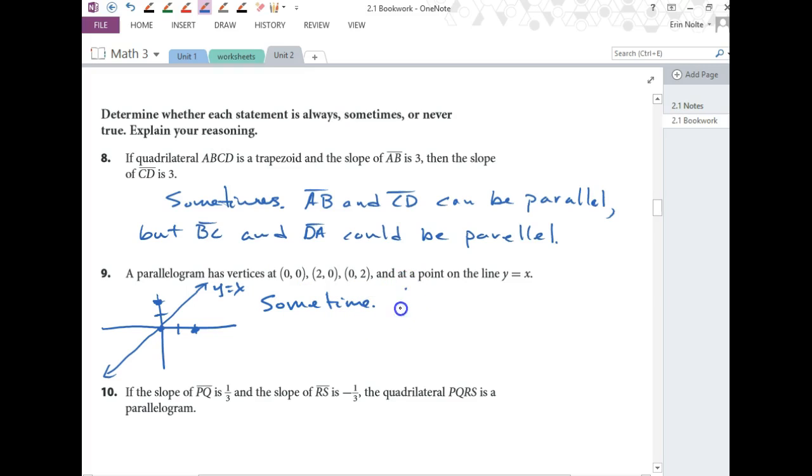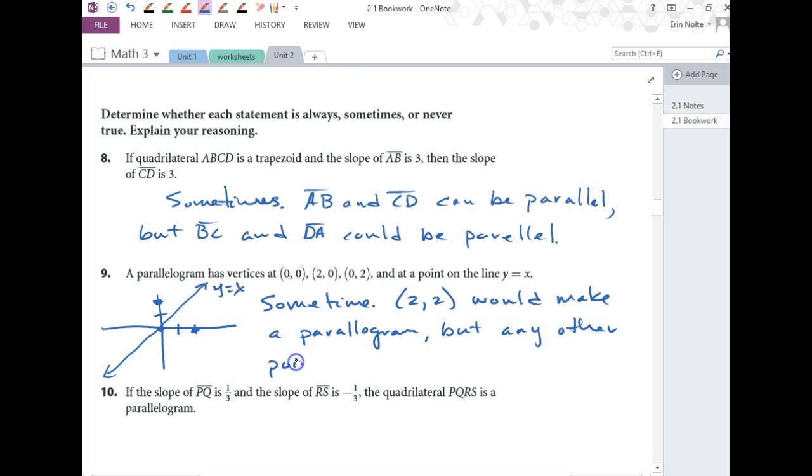So we can say 2, 2 would make a parallelogram, but any other point on y equals x would not.